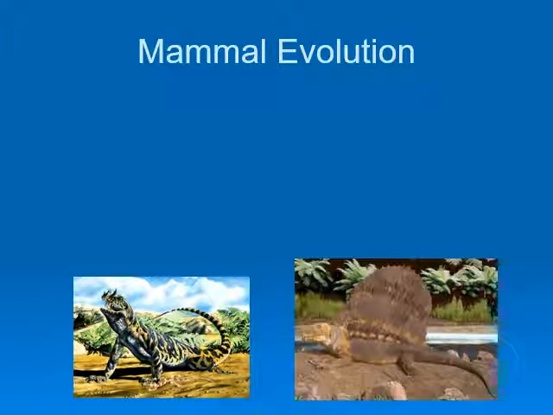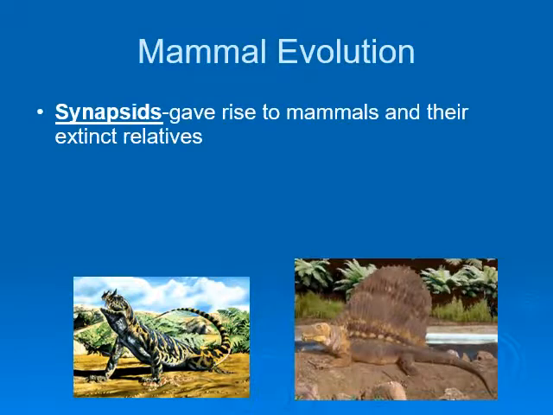So when we talk about mammal evolution, some of the earliest ancestors to mammals existed about 300 million years ago. So kind of right alongside the dinosaurs, some of our earliest mammal ancestors existed.